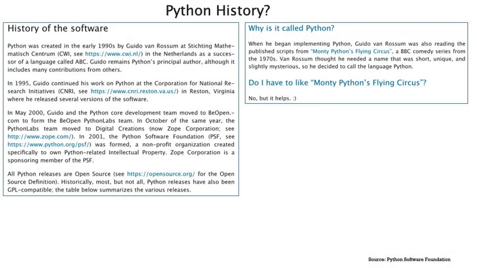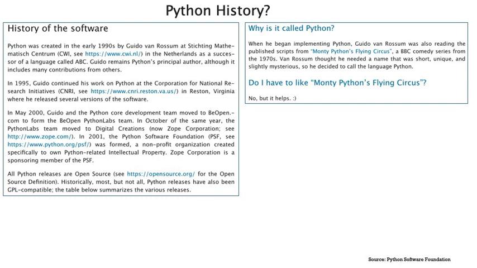And just a little bit of history about the Python programming language. I leave this here for you. This is from the Python Software Foundation, but just a few things to point out. How old is Python? Python is relatively young, right? It was created in the early 1990s by a guy named Guido van Rossum in the Netherlands.